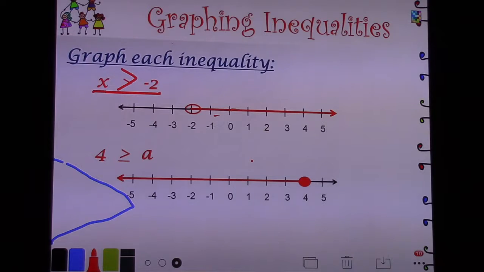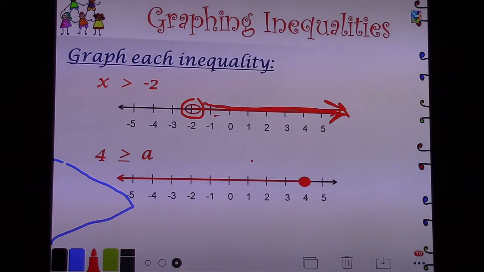So the way we would graph this is we would draw a circle around -2 to show that it's not included in what we're graphing, because it's not greater than or equal to -2, it simply is greater than -2, and then we would go ahead and graph in everything that was greater than -2.